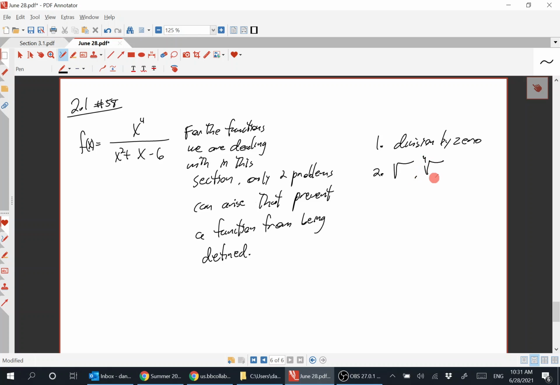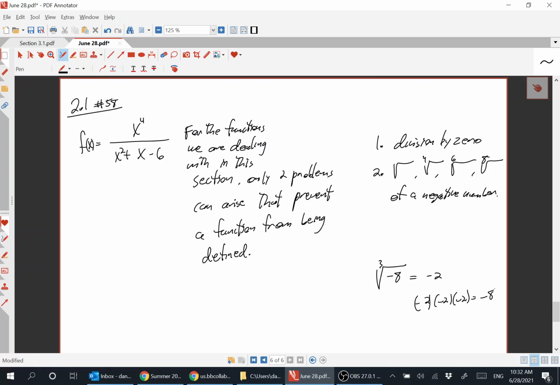So square root, 4th root, 6th root, 8th root of a negative number. You can take the odd root of a negative number, 3rd root, 5th root, 7th root, right? I mean, the 3rd root of minus 8 is minus 2, because minus 2 times minus 2 times minus 2 is equal to minus 8.